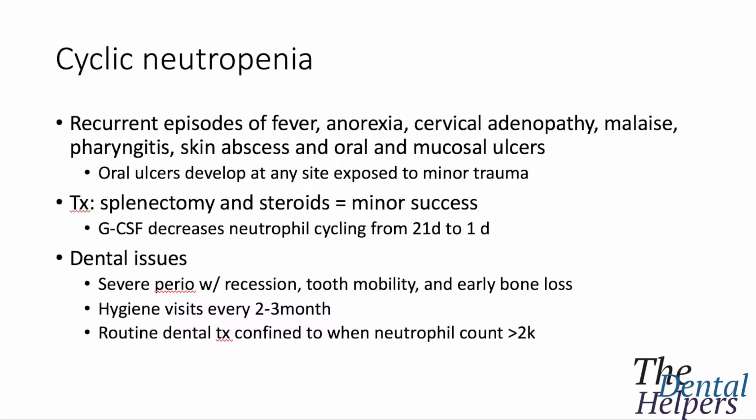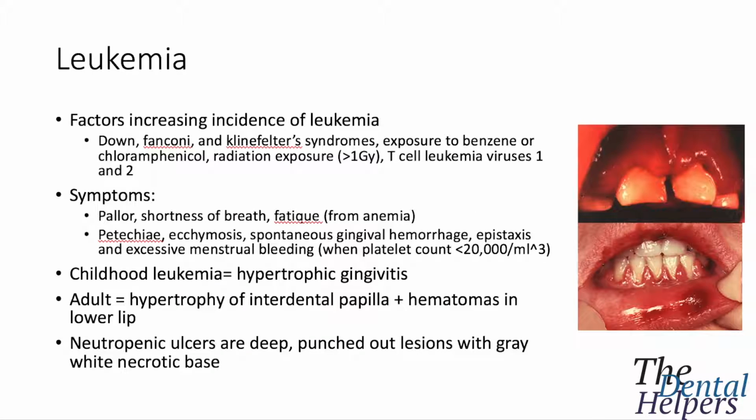Sorry, let me rephrase this. If the patient is going to have some big dental treatment, you want to monitor their neutrophils until the day that the neutrophil count is greater than 2,000 to ensure that they're going to be successful.